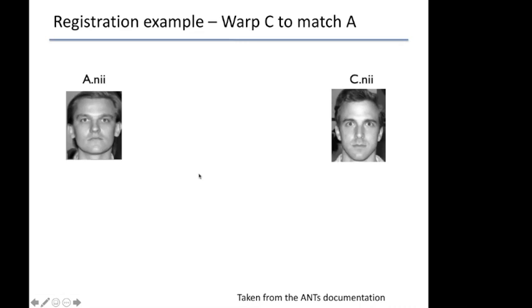You fulfill one of the requirements for nonlinear registration, which is you have homology in the anatomy of these two individuals. So they both have noses, they have lips, they have eyebrows, and they have eyes, and they have ears, right? But the shape of their head is very different. The shape of the individual anatomical features are very different. So you have on the left a very kind of square jaw. On the right, you have a very pointy jaw.